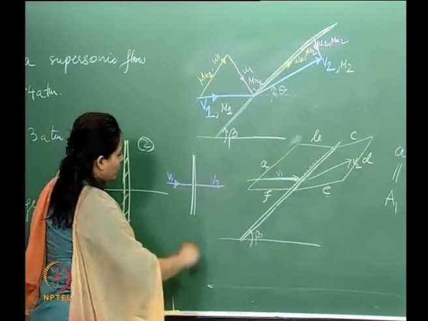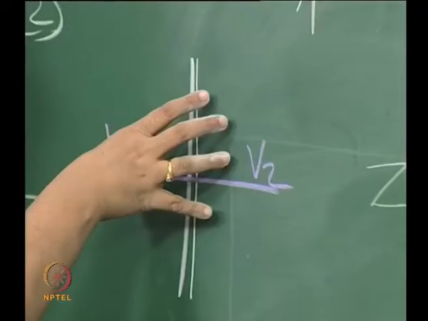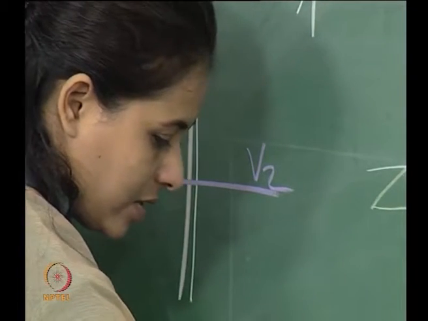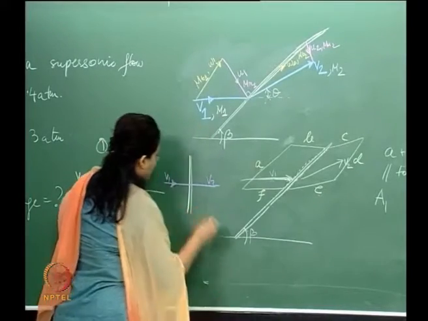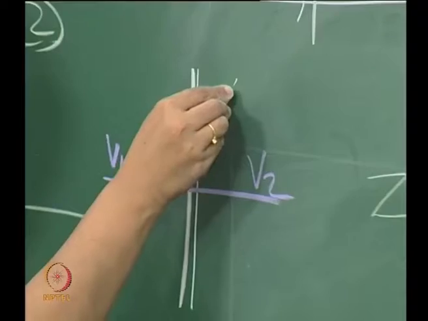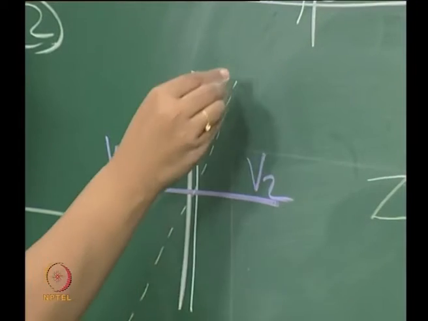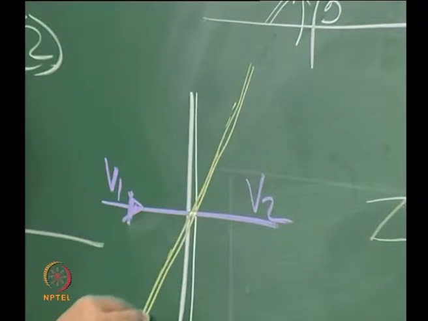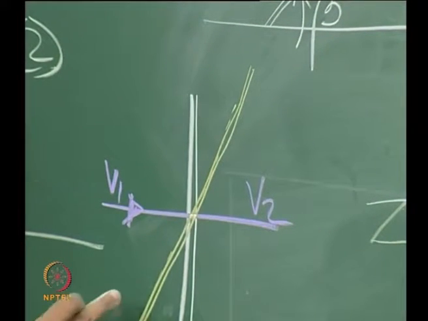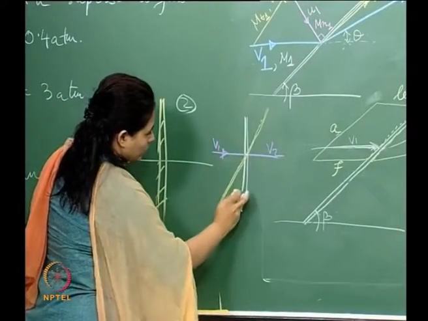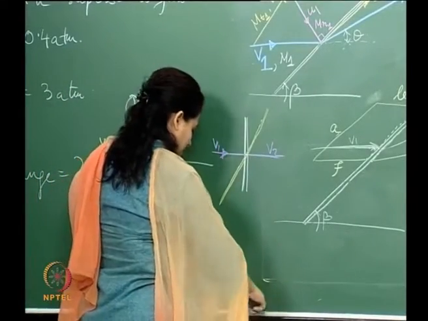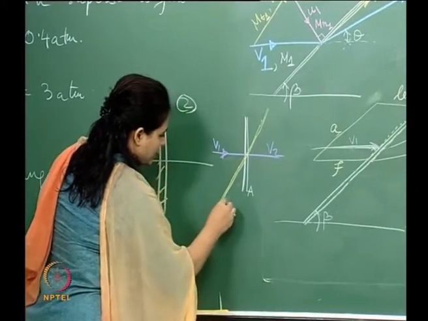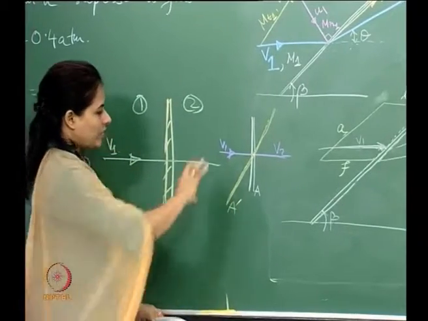Now, just take this and rotate it in this way. So, say I rotate this whole thing. Right. So, this is the normal shock. Say I call this as A. Therefore, this is say A dash. I have just rotated that.